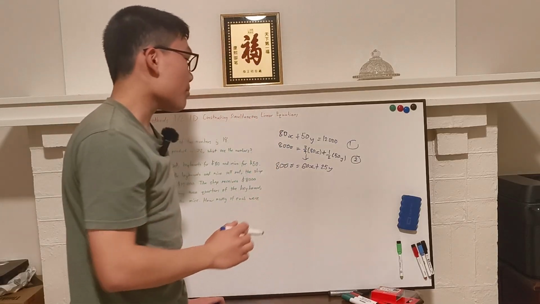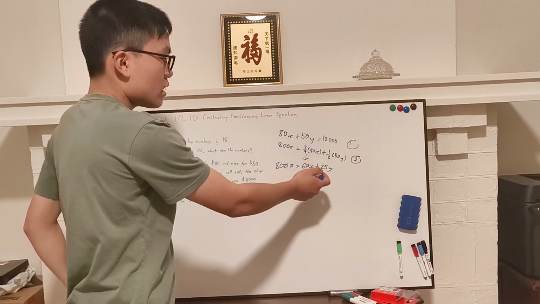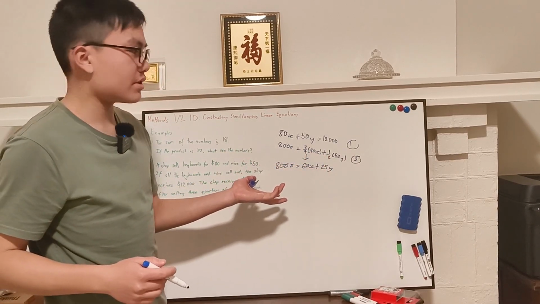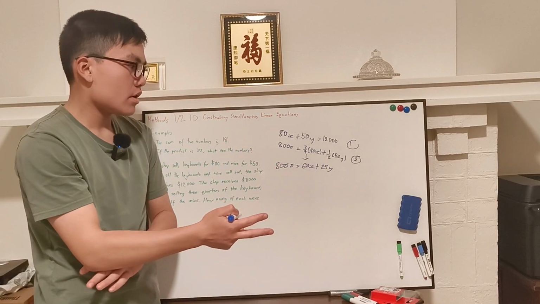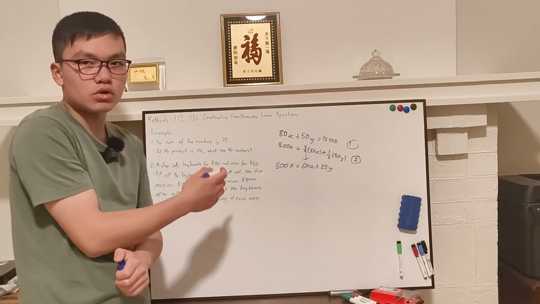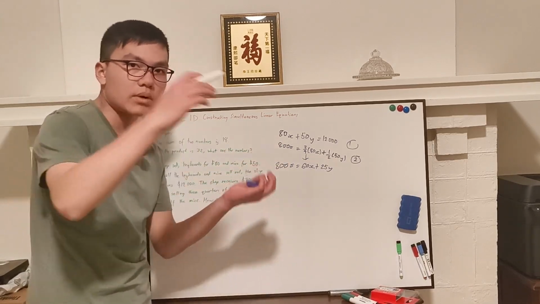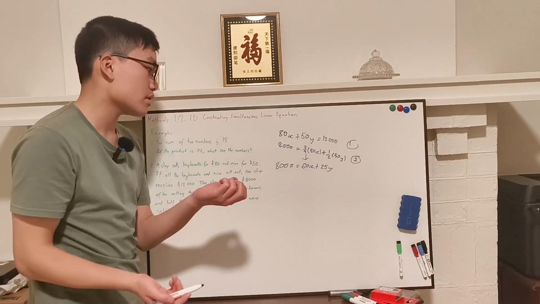You can see here, we've got two equations, and you're going to realize that they're simultaneous equations. We've got two methods on how we can solve this. With the previous one, we used the substitution method, and this time we're going to use the elimination method, just like we did in chapter 1C.